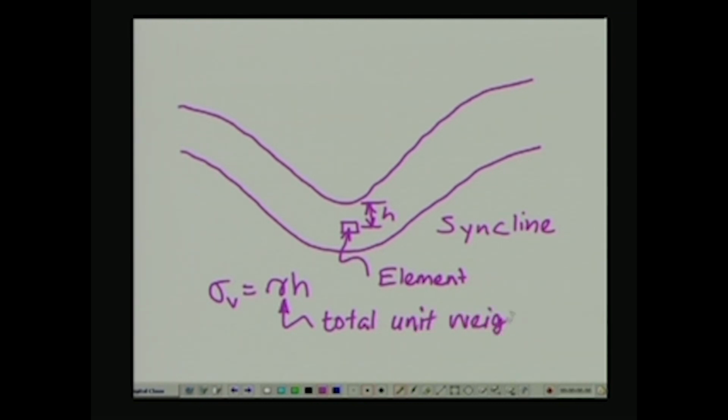For simplicity, I am considering here that this particular rock layer is dry and there is no water in the vicinity. Okay, so this is in the absence of topographic effect.